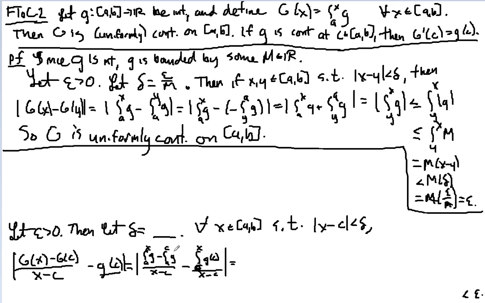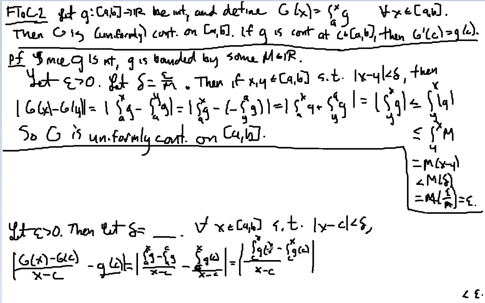Because if you do some algebra, kind of like what I did up here, you get that this is just equal to, it's all going to be over x minus c, that's one advantage, the integral from c to x of g of x minus the integral from c to x of g of c.